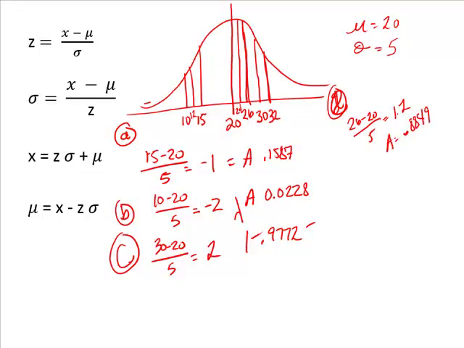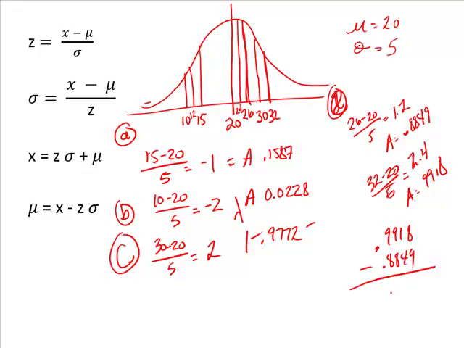And then you have to do the one for 32. Okay. 32 minus 20 over 5, which is 12 over 5, which is 2.4. And then the z-score for that was 0.9918. Okay. Now what? And then subtract 0.8849, which is 0.1069. So it would be 10.69%. Yep. Did you get that?